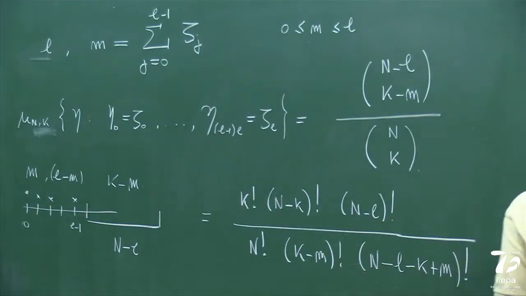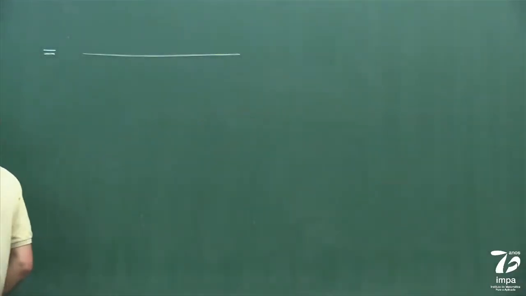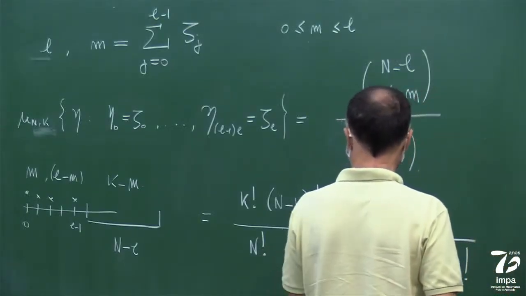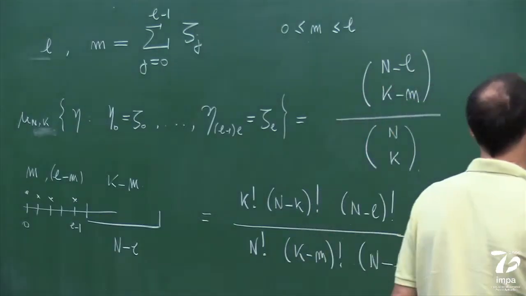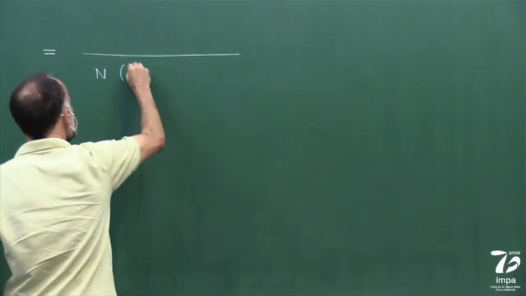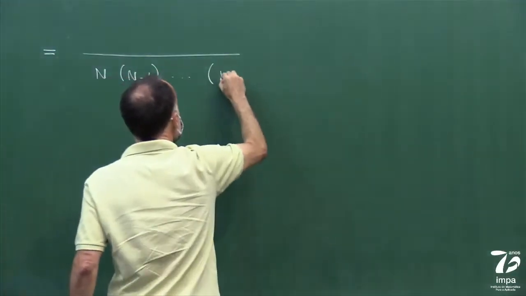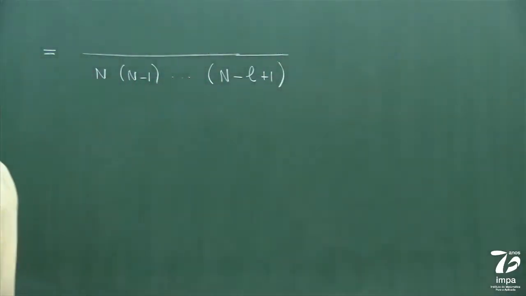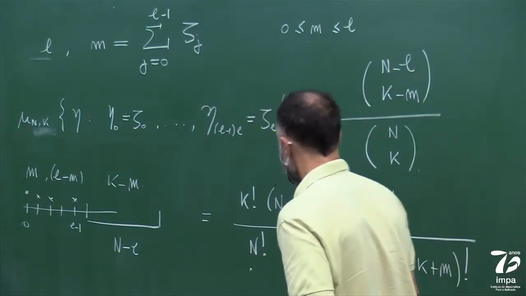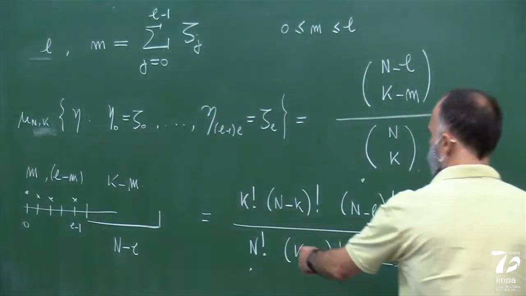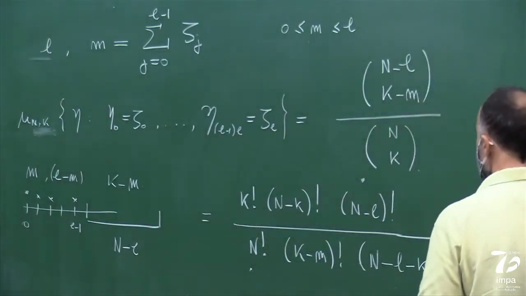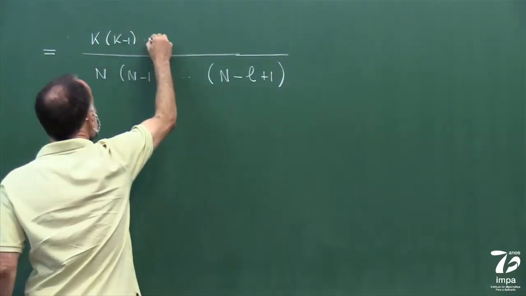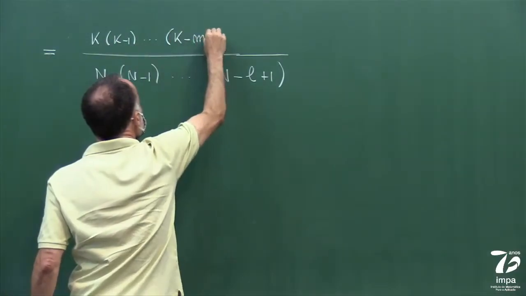And this is equal to, so I have here n and here n minus L. So what I will get is n times n minus 1, up to n minus L plus 1. Okay, so this is the simplification of these two terms. Then I have here k factorial and k minus M factorial. So that gives me k times k minus 1 up to k minus M plus 1.